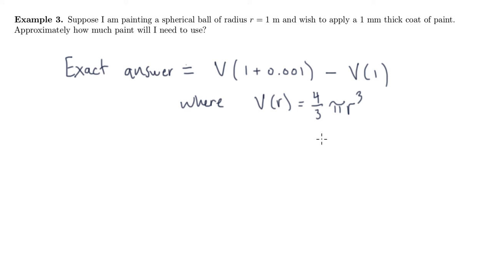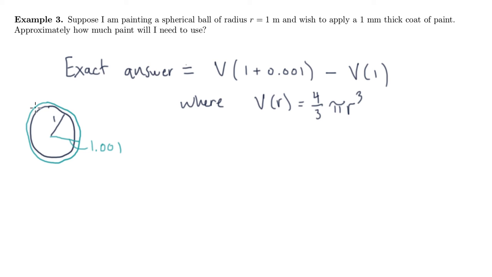Of course V of r is just the volume of a sphere. And now, how do I know this is the exact answer? Well, if I have this sphere and I apply a coat of paint 1 millimeter thick, the inner radius is 1 and the outer radius is 1.001. So 1 meter plus 1 millimeter. And of course, I just did the unit conversion.